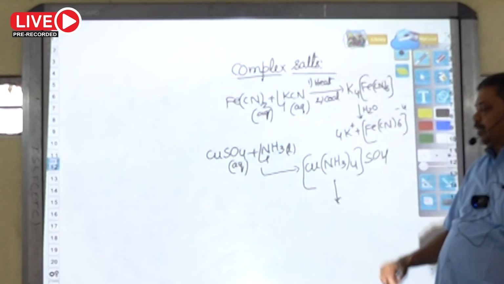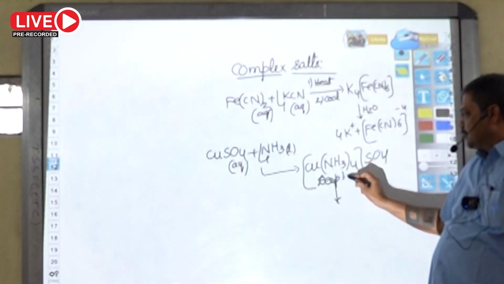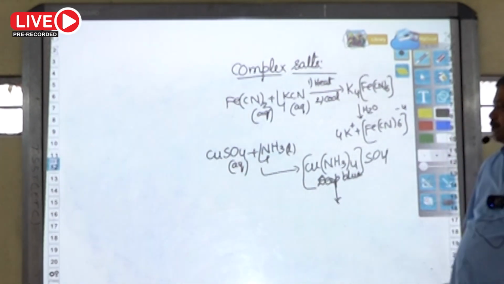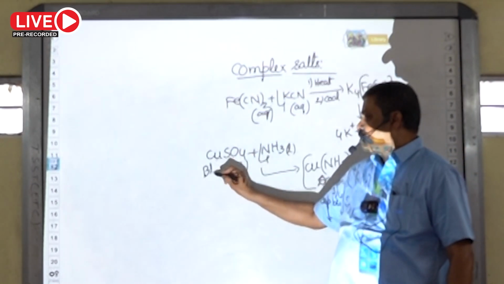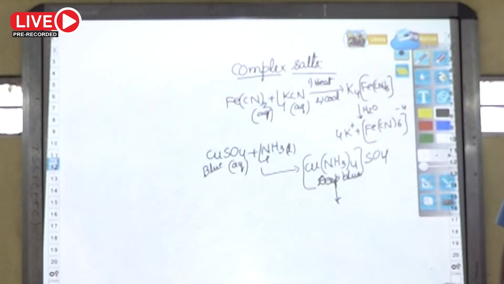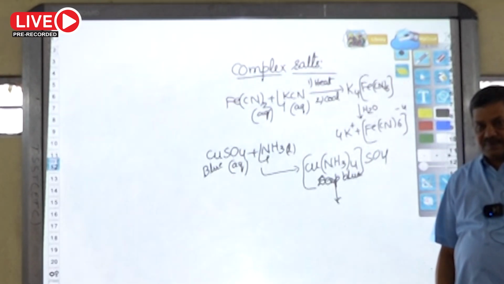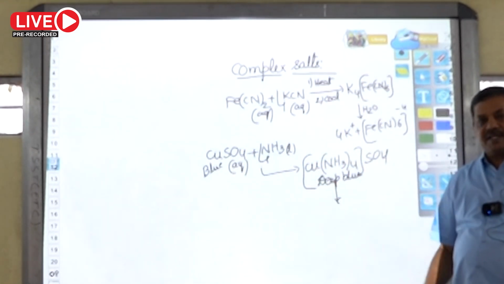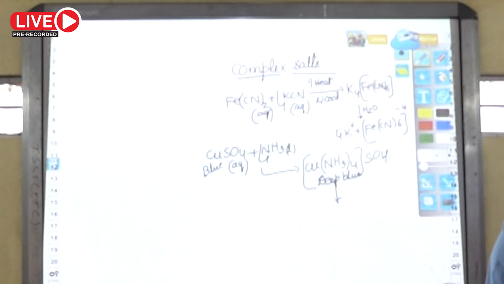Now again you dissolve this complex in water. It's a deep blue colour complex. Already copper sulfate is blue, and this blue becomes deep blue. That we also discuss in crystal field theory. Why the blue becomes deep blue here, you have to wait up to that.